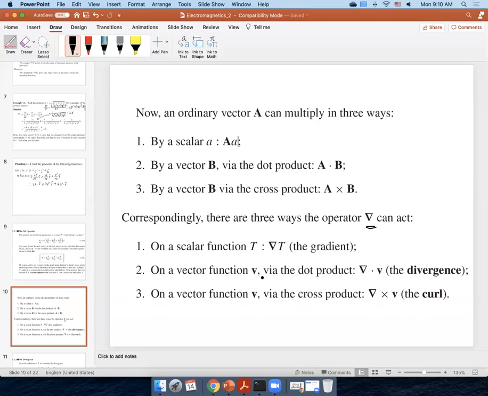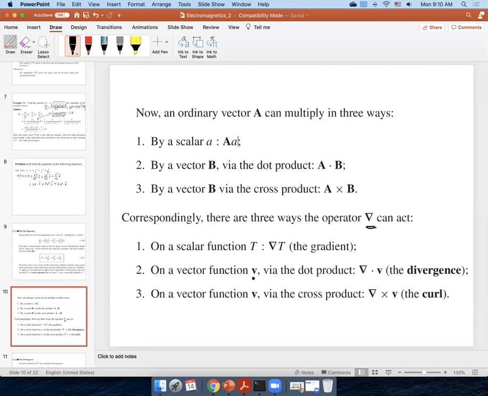A vector function V has 3 components: Vx, Vy, and Vz. Each component of this vector V is a function of x, y, z. So it's a complicated function. It has 3 components, and each component is 3-dimensional.